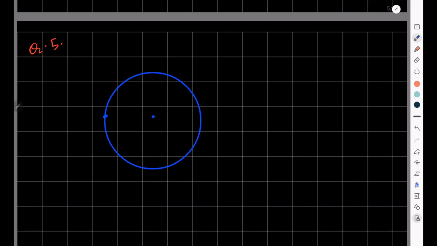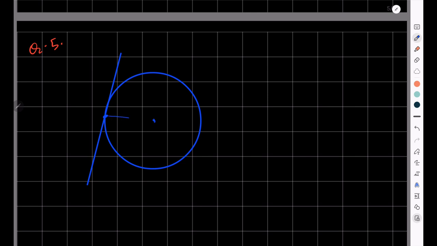So let us make a tangent. This is the tangent and this is the point of contact. This looks more correct.